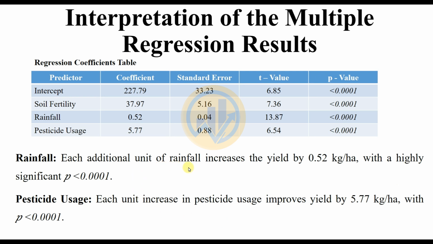Each additional unit of rainfall increases the yield by 0.52 kg per hectare, highly significant at p less than 0.001. For pesticide usage, each unit increase improves the yield by 5.77 kg per hectare, with p less than 0.0001.